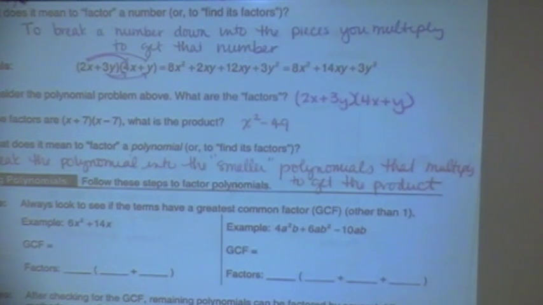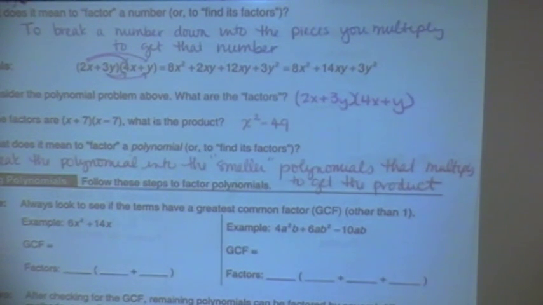Factoring is also probably the most important thing that you learn in all of algebra. I say that because I teach Algebra 2 and Pre-Cal and Calculus and College Algebra, and if you can't factor, you won't pass the classes after this one because it stays with you forever.